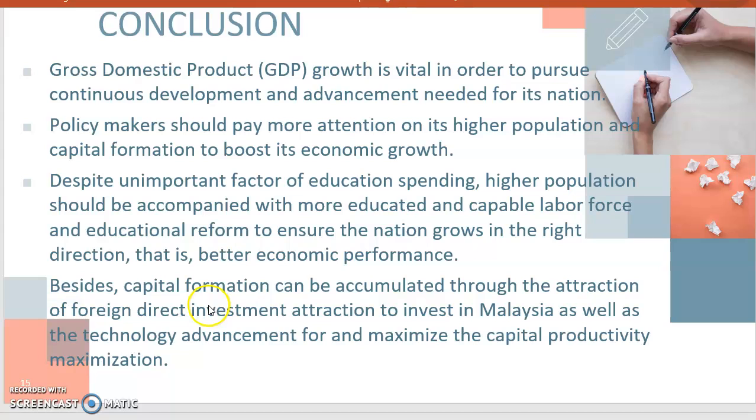Besides, capital formation can also be accumulated through the attraction of FDI, or foreign direct investment, to invest in Malaysia, as well as technological advancement in order to maximize the capital productivity.